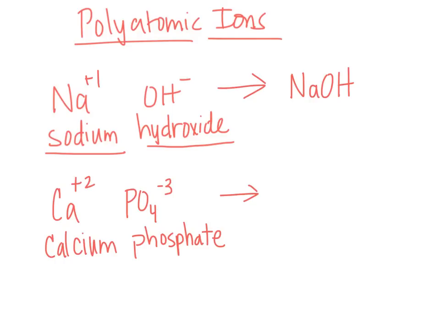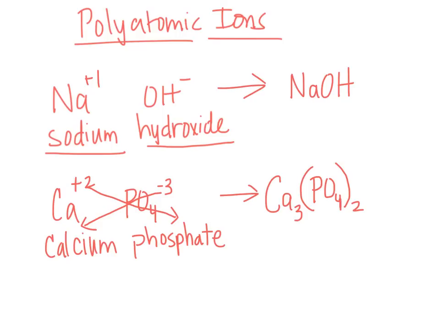So watch what I do on this one. If we do crisscross, this 2 is going to come over here, and this 3 is going to come down on that side. So then it becomes Ca3, and then for the PO4, you're going to group those together by using parentheses, and then put that 2 on the outside of the parentheses.